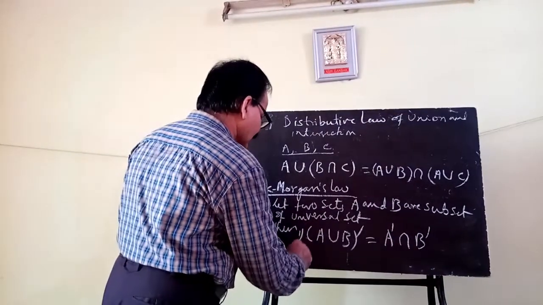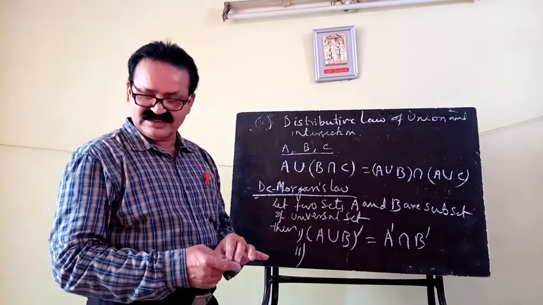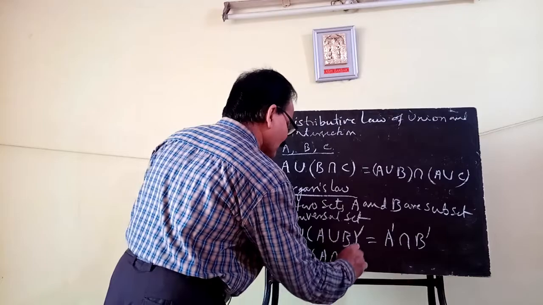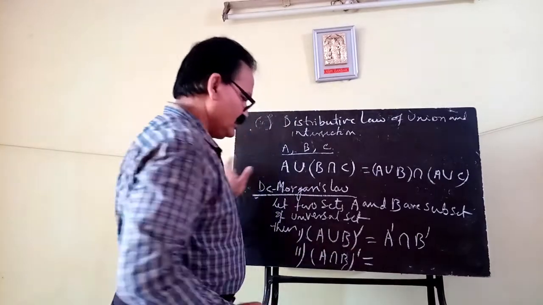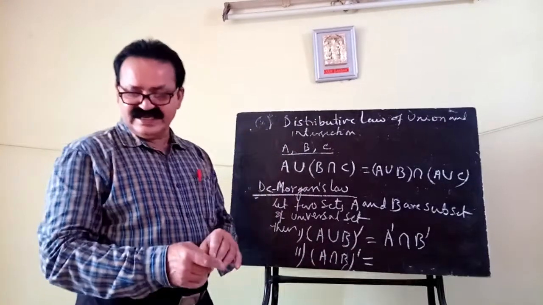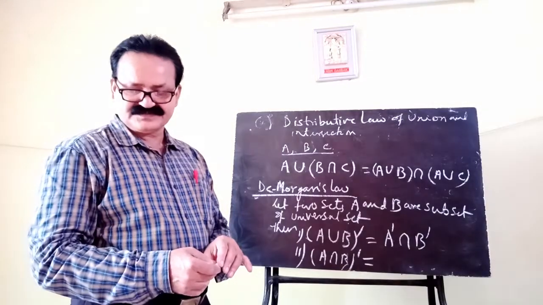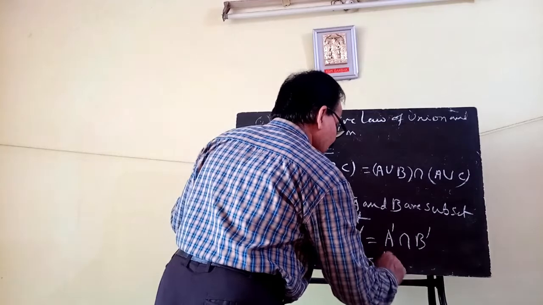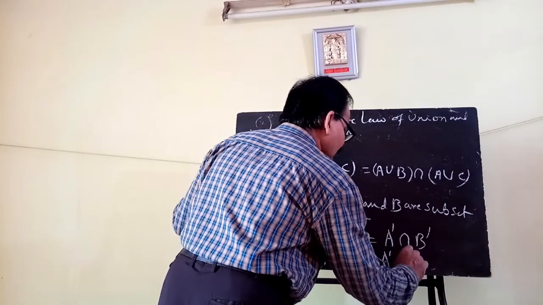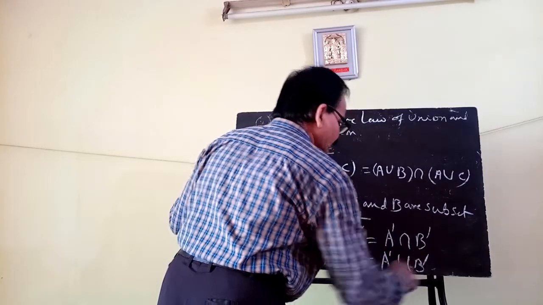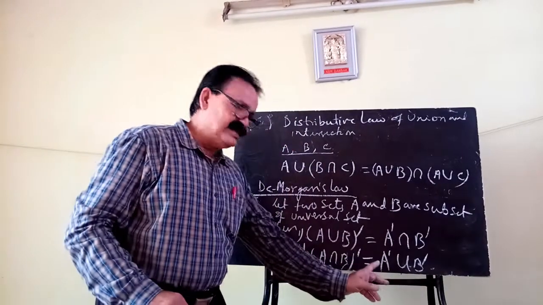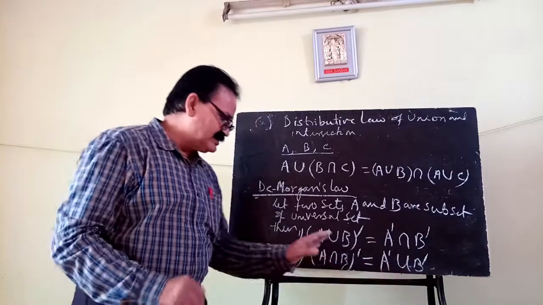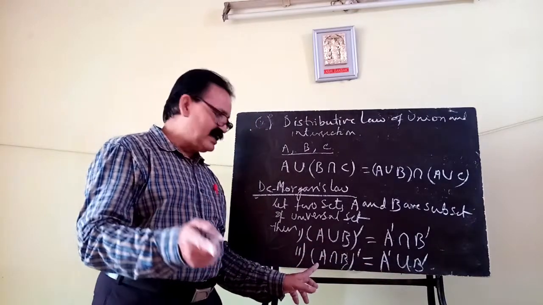This is your first De Morgan's law. The second De Morgan's law: suppose your target is to find the complement of A intersection B. You will get the same value when you take the union of A complement and B complement.